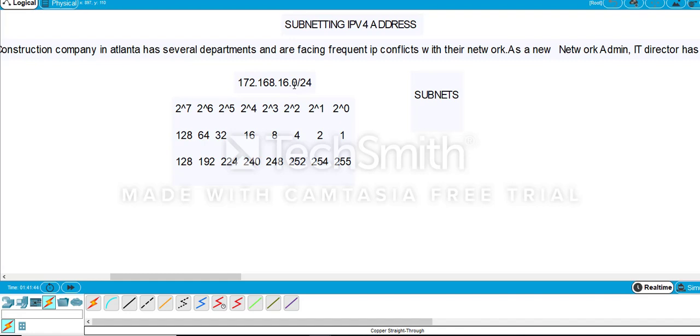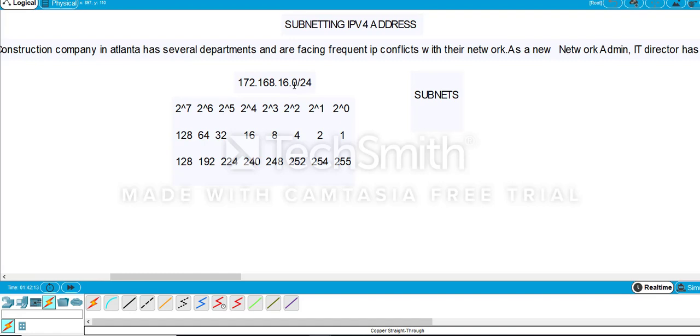So if we borrow 3 bits, 2 raised to the power 3 is 8. 8 is not enough to cover 9 subnets. So we need to borrow how many bits? 4 bits. If we borrow 4 bits, 2 raised to the power 4 is 16, right? So 16 will give us enough. It's better to have more than to get short.